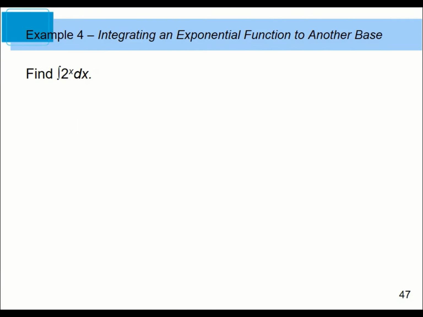For example, if we want to integrate 2 to the power of x dx, what is the base? The base is 2. So applying the formula, we have 1 over ln of the base, ln 2, then we copy the function 2 to the power of x, plus c.